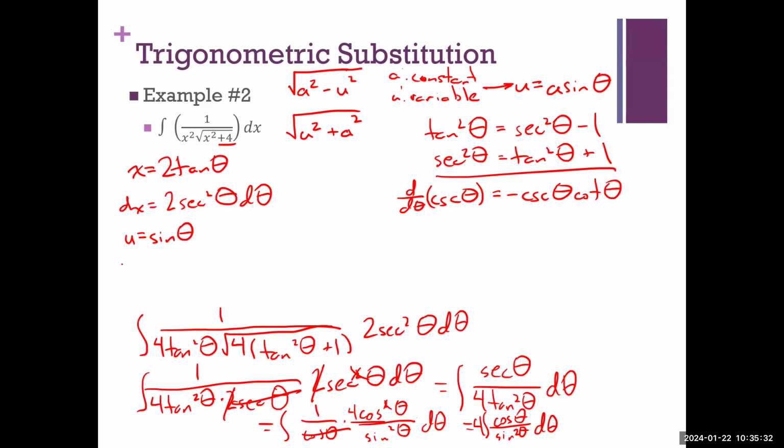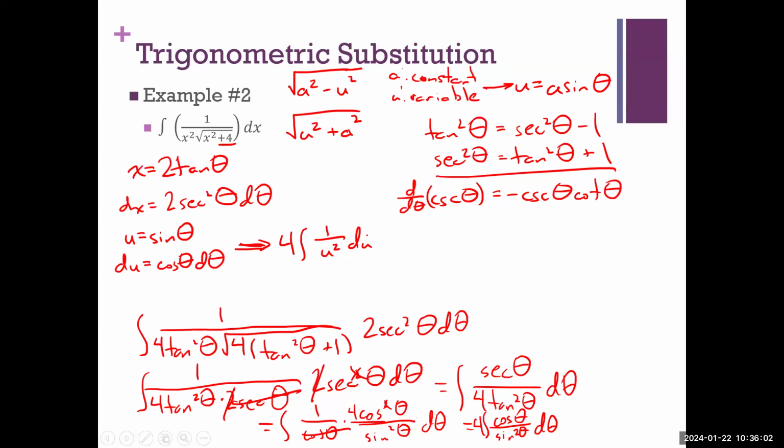If u equals sine theta, then du is cosine theta d theta. What does that do to this integral? So it's 4 times the integral of 1 over u squared. Feels too good to be true, but I think it's true.